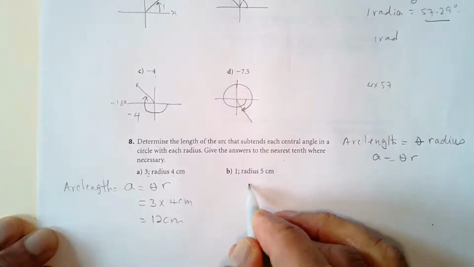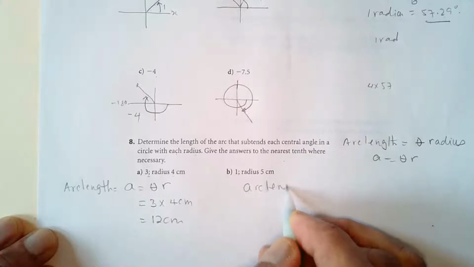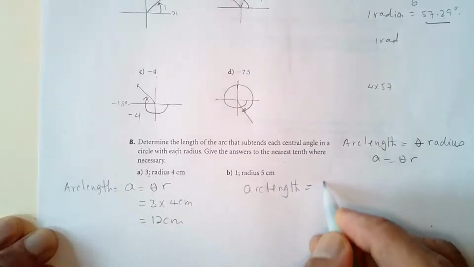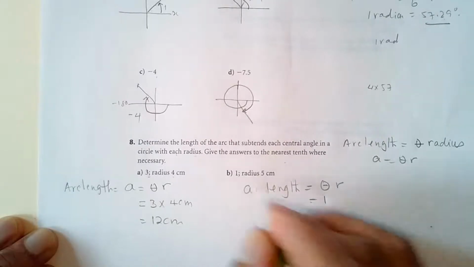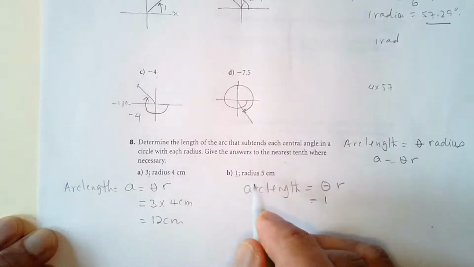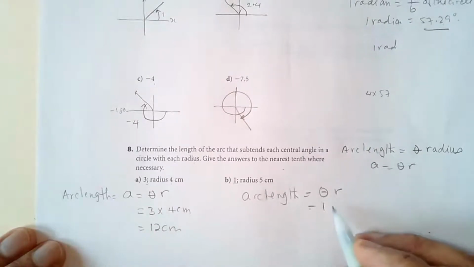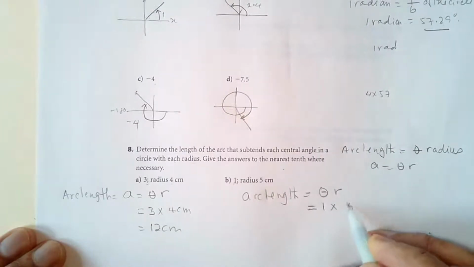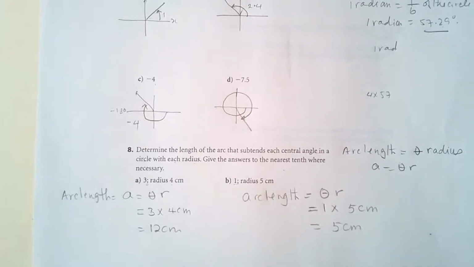So here we have length equal to theta times r, which works out to be 1, because it's the radius. That's your central angle of 1, and multiply by 5 centimeters, which works out to be 5 centimeters.